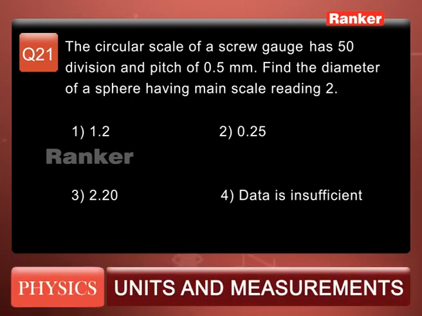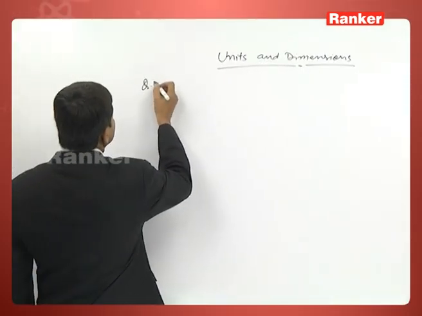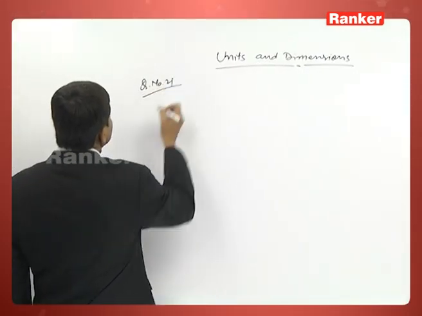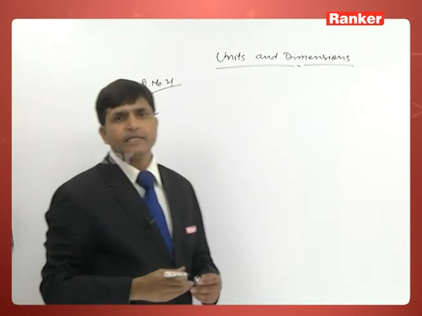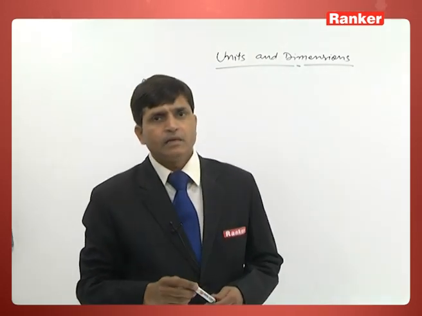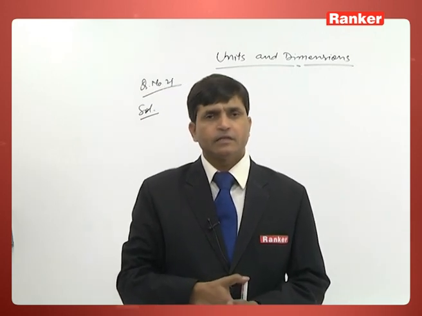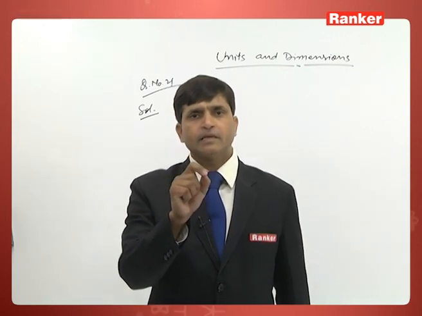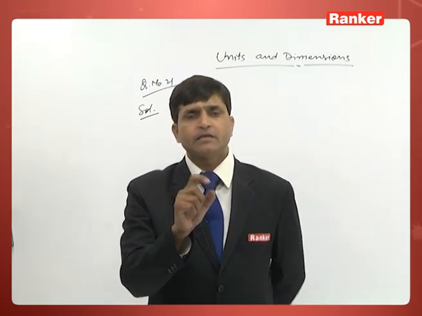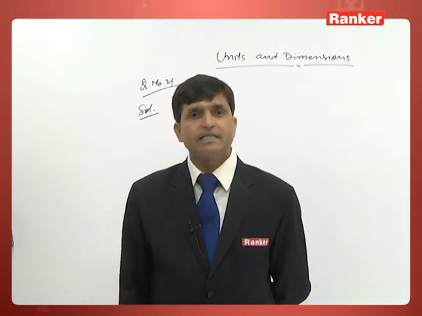See, in question number 21, whenever we are taking reading from any instrument, either vernier calipers or a screw gauge, the first thing is the reading. In case of vernier calipers, the vernier scale is lying between two main scale divisions.